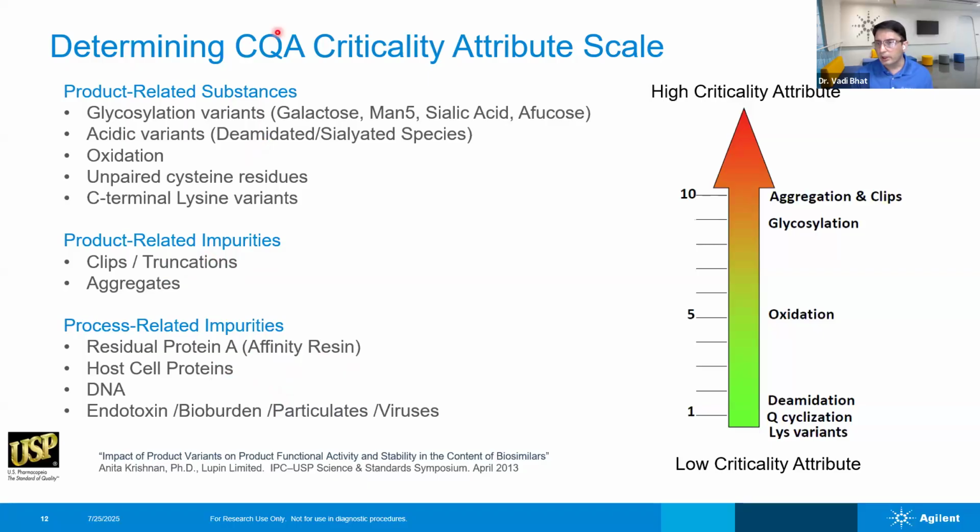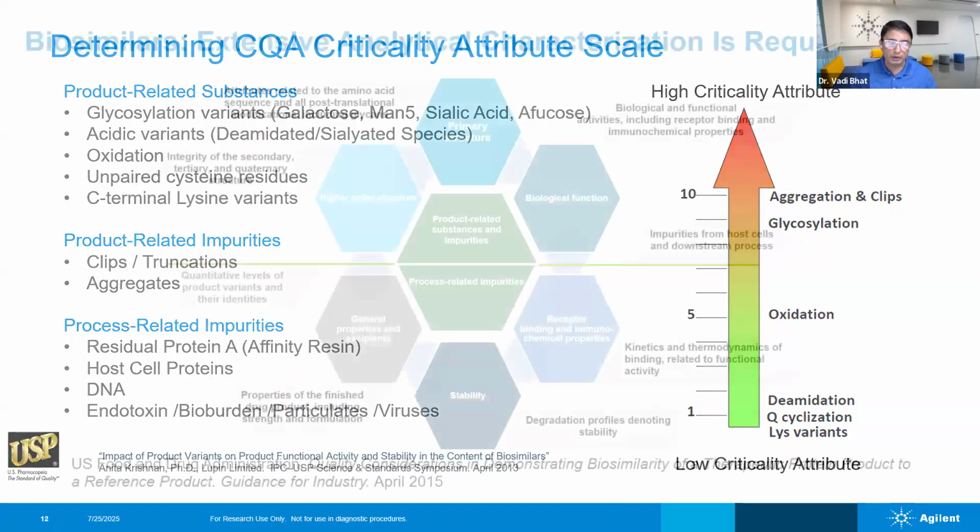So when you look at the criticality, aggregation and truncations or the glycosylation are very critical compared to the other PTMs, and maybe even deamidation or lysine variants are not that critical to the safety and efficacy of the monoclonal antibodies or protein.